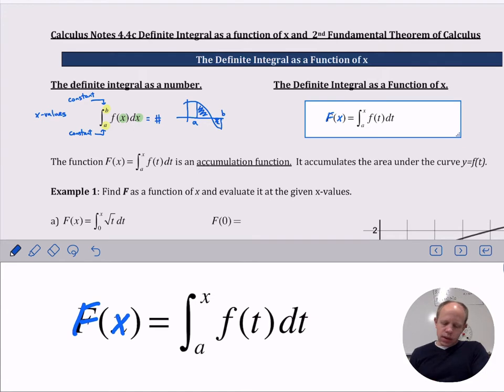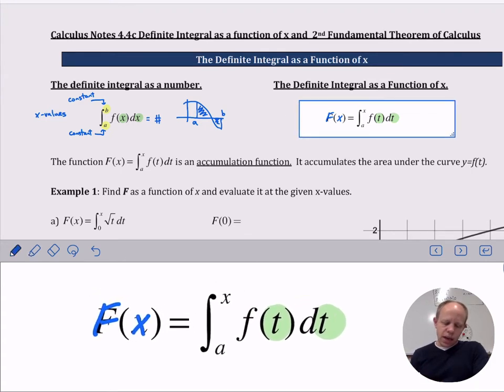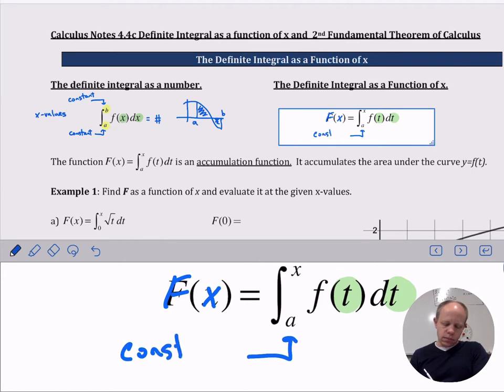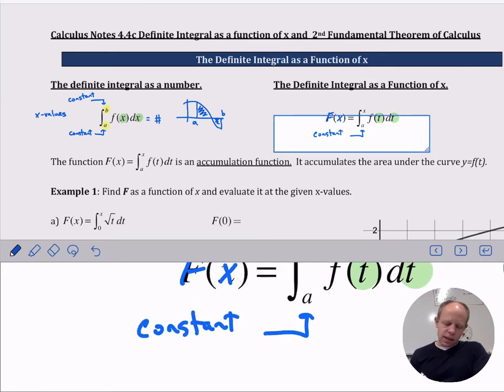Now what you'll notice, a couple things change here. One is we're going to use a different variable, like t. So this is now a function of t in here, and we want to find the definite integral. Now we're going to go from a to x. What's interesting about this is now this is a constant, but it is a t value.